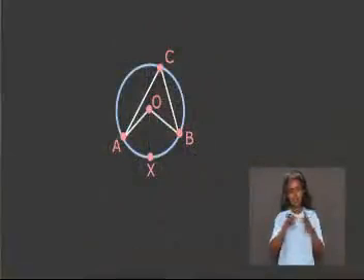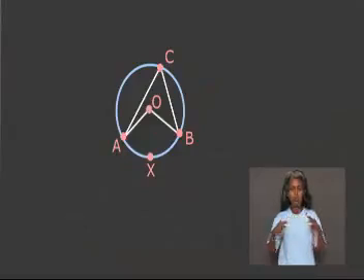There are two kinds of angles that we will be talking about today: central angles and inscribed angles. A central angle of a circle is an angle whose vertex is at the center of the circle and whose sides are radii of the circle.